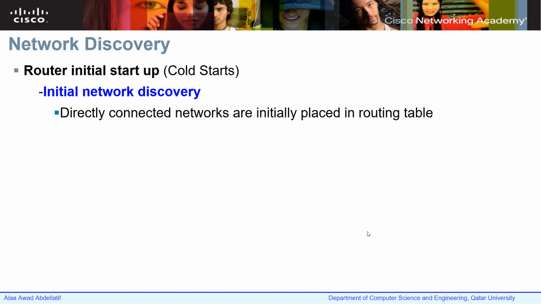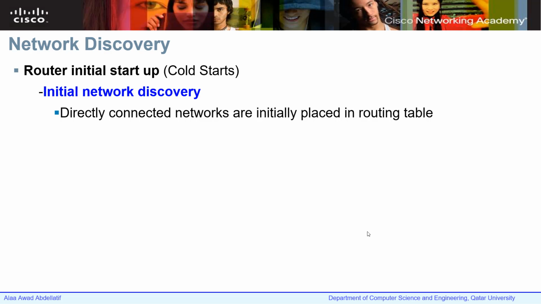The main steps now that we will use to implement this algorithm. First step is the network discovery. Initially, when we restart our router or start our network from scratch, we initially start to discover our network.